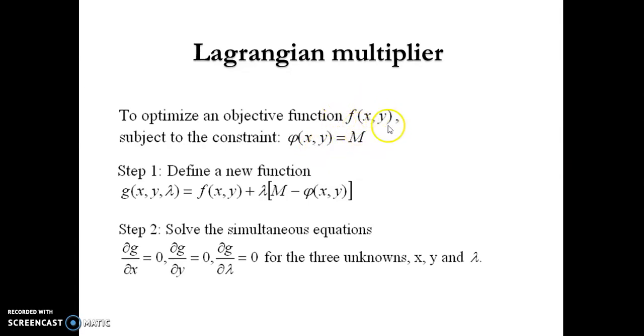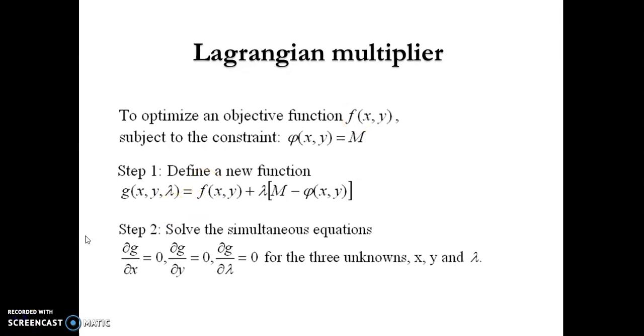So this is our objective function, and that is our constraint. Now, the point is to determine the numbers for x and y. In this case, that will be the optimal solution to the constrained problem. So what point of x and y will be the optimal solution for this particular problem?